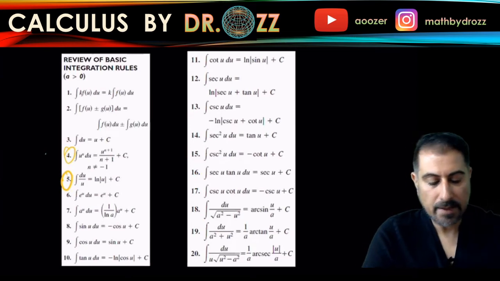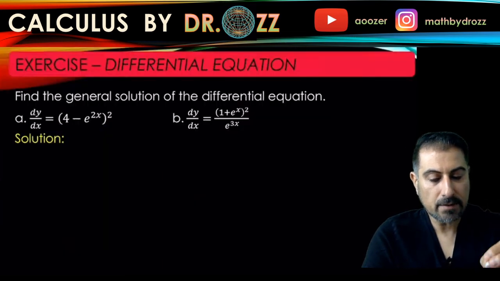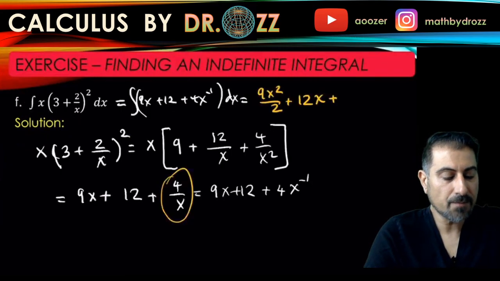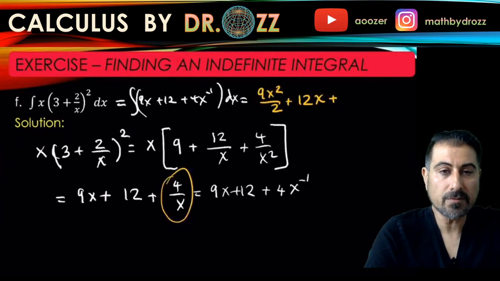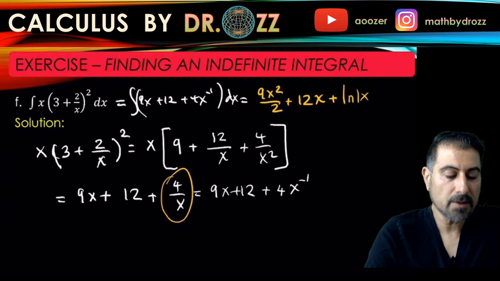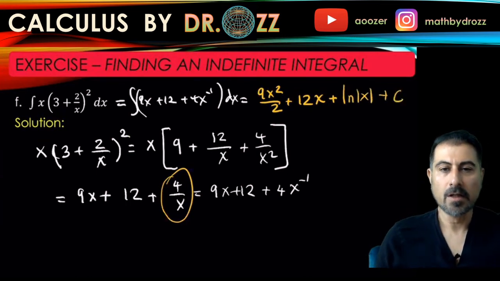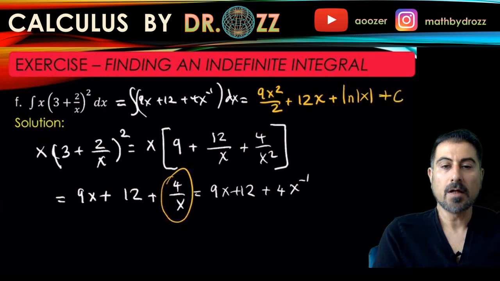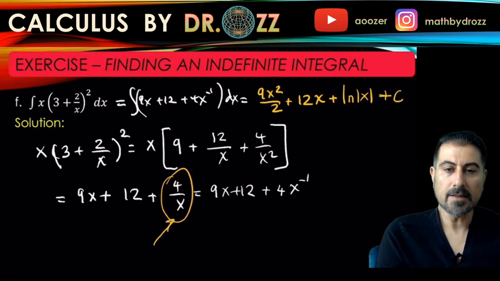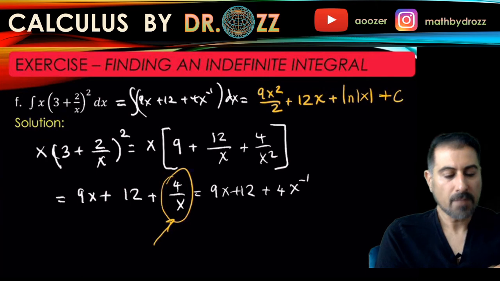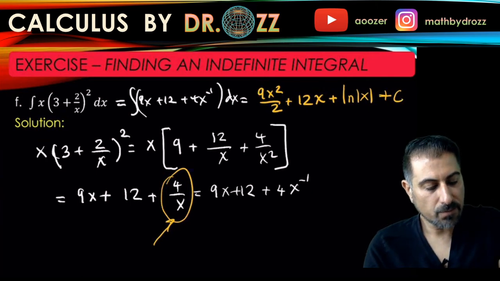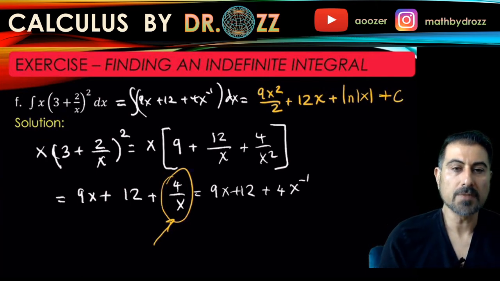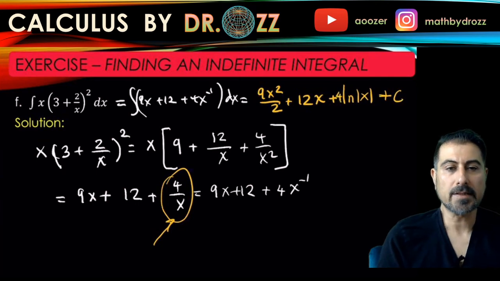So we can go back and write this as ln absolute value of x plus c. I just wanted to do this a little bit longer for you to see that the last term, 4 over x, is integrated as ln x, but I should also add the 4 here. Okay, so it's 4 ln absolute value of x plus c.